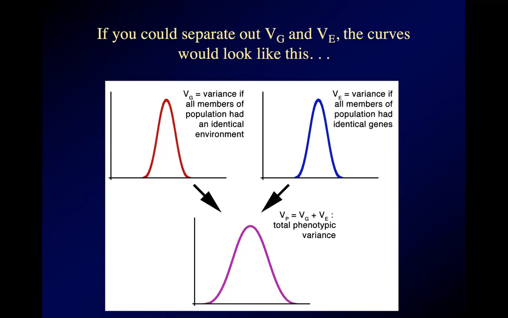So VG is the variance if all members of the population had the same environment, but different genetics. VE is the variance if all members of a population had identical genes, but different environments. And you can think of the total phenotypic variance in a real population as being the sum of the two. Sort of imagine taking those two bell curves and shoving them together and you'd end up with something like the diagram below.